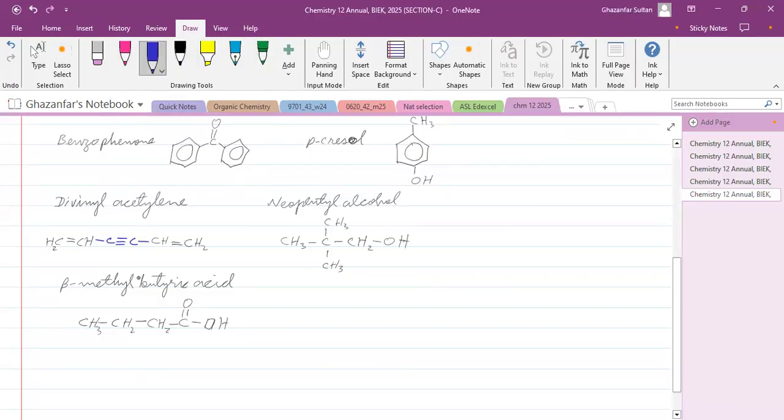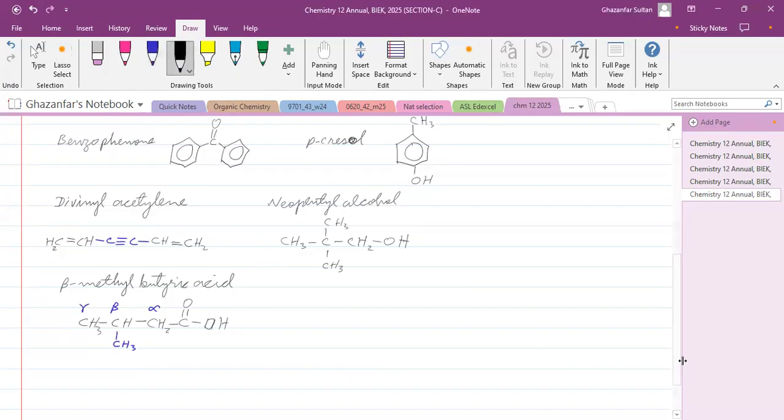And here, if we count the carbon atoms, this is the functional group, this is the alpha carbon, this is the beta carbon, and this is the gamma carbon. So on the beta carbon, we have to put one methyl group. So now it becomes beta-methylbutyric acid.